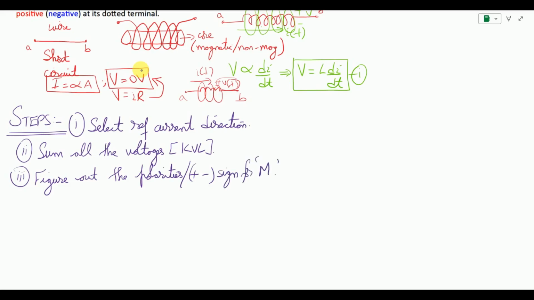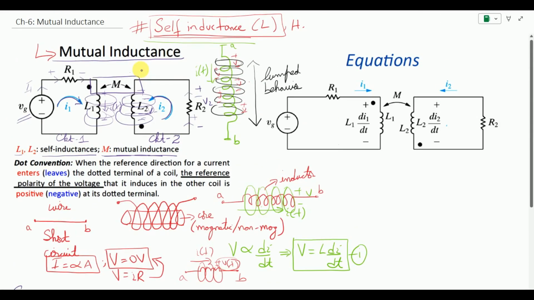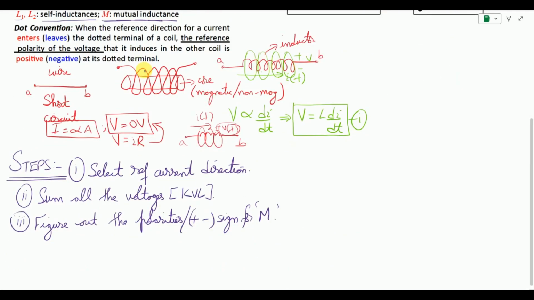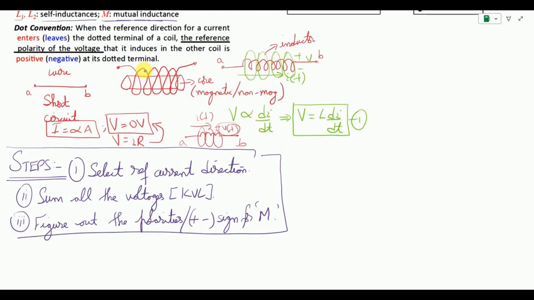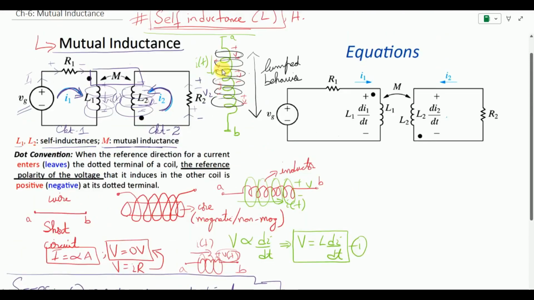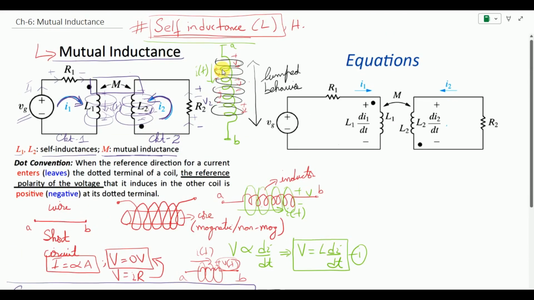We need to know what the sign for M is going to be when we solve the KVL in loop number 1, represented by I1, and loop number 2, represented by I2. These are the three steps that we always follow when analyzing a mutual inductance based circuit. Let us see how we can apply these steps to a simple scenario shown over here. Let us say this is our case number 1.